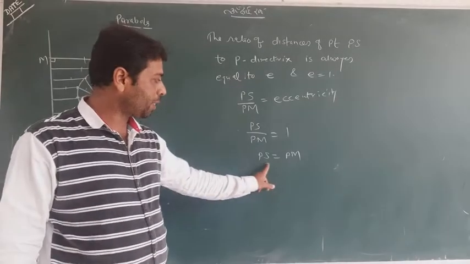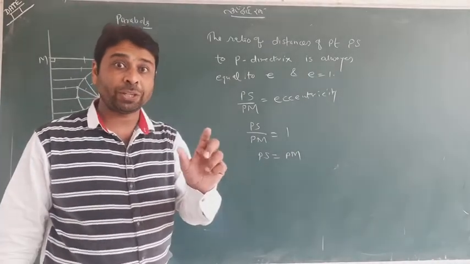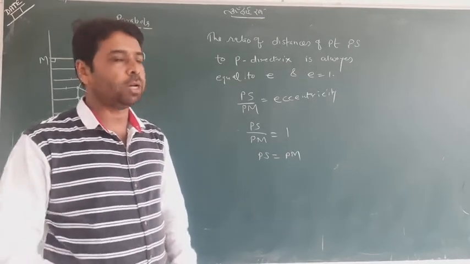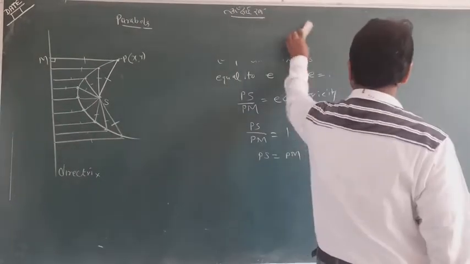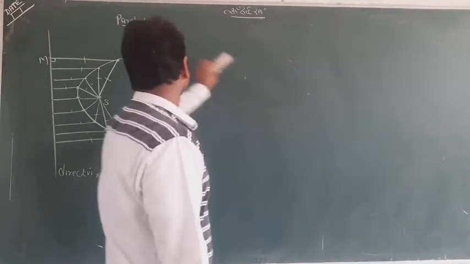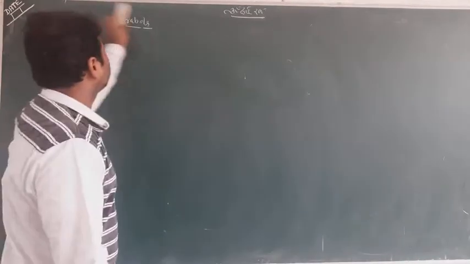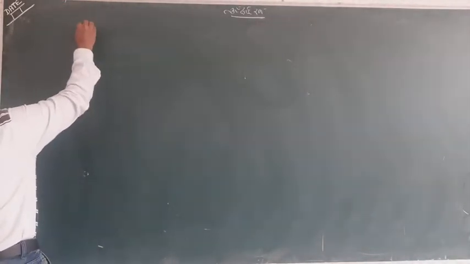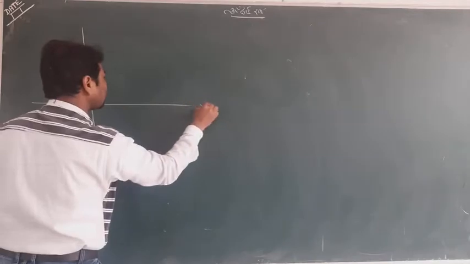So remember PS equals PM. This is the definition which we will use for finding the equation of the parabola. Okay, let me rub this out now, and I again rub out all the figure and then I'll go on. This is the axis now.